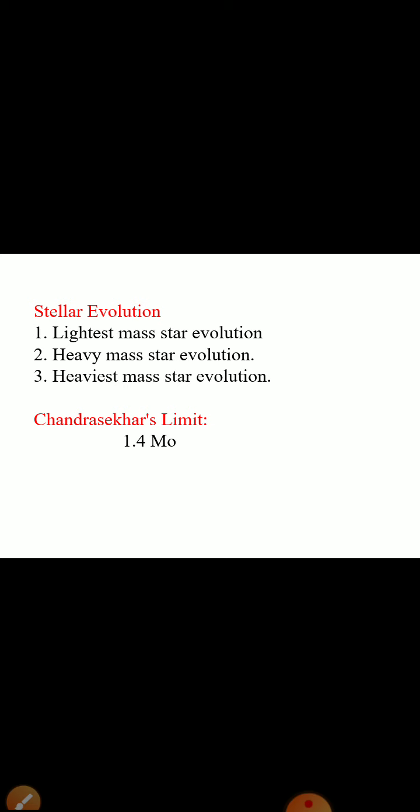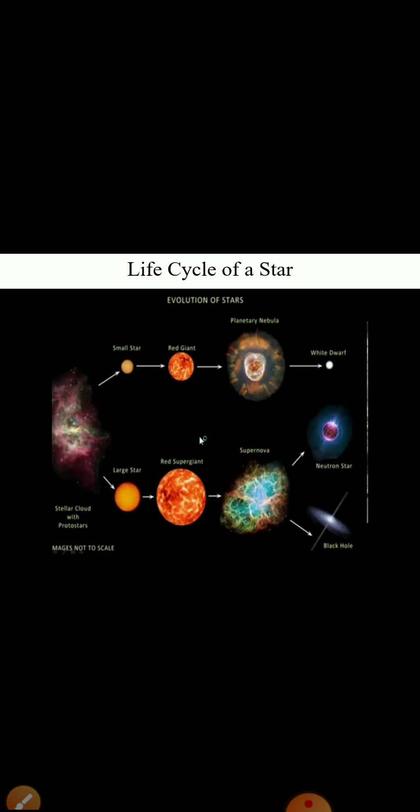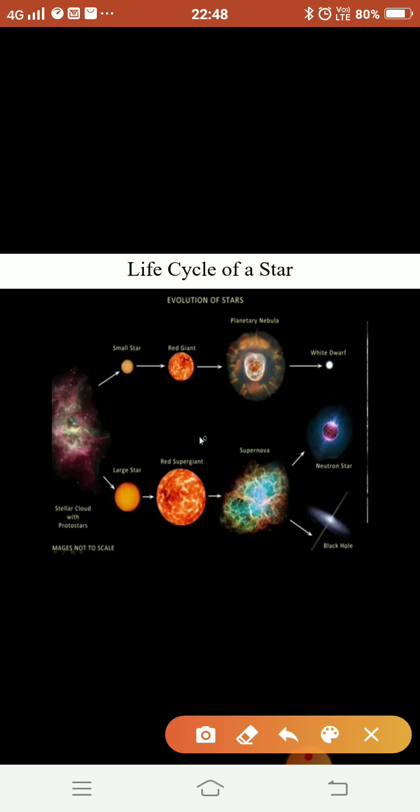Next, heavy mass star evolution. Heavy mass means the star's initial mass is greater than 1.4 times the mass of the sun, but not that large, so moderate mass. The star will undergo different stages of its life.